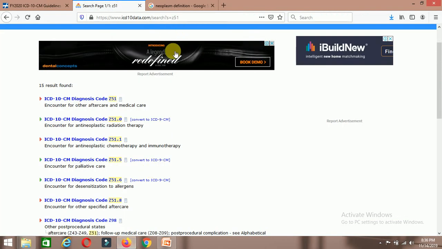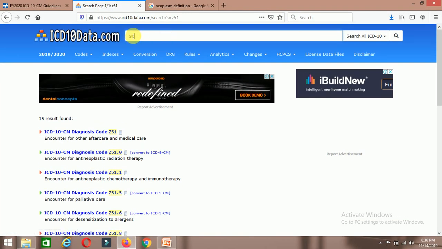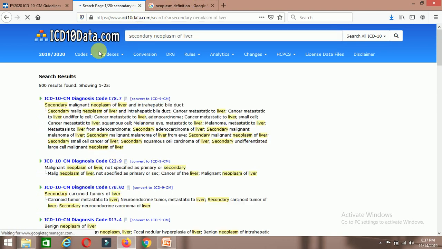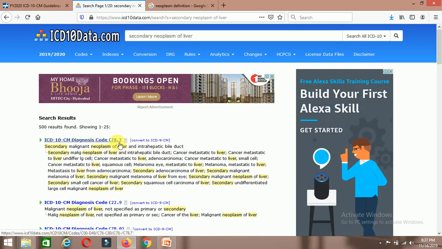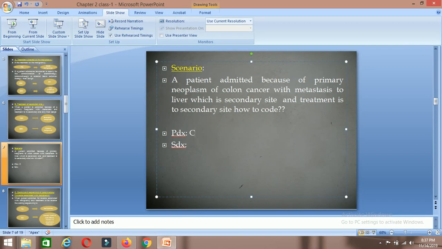So we will see the ICD for that. Secondary malignant neoplasm of the liver. C78.7 is the ICD.